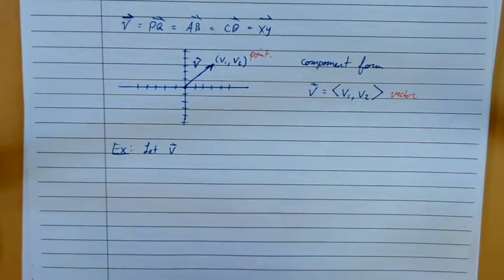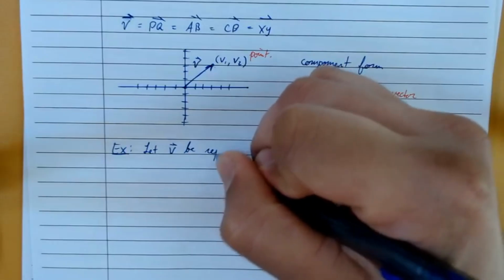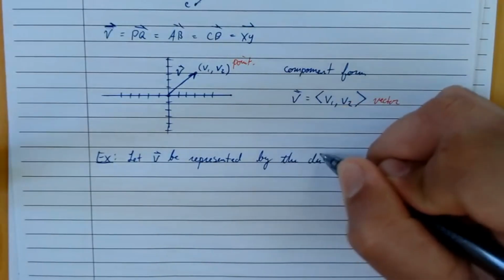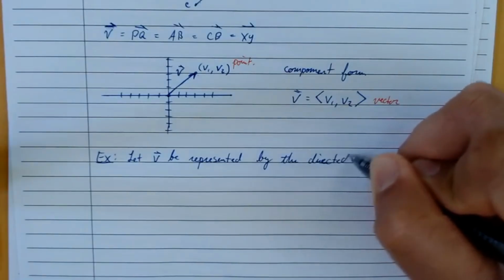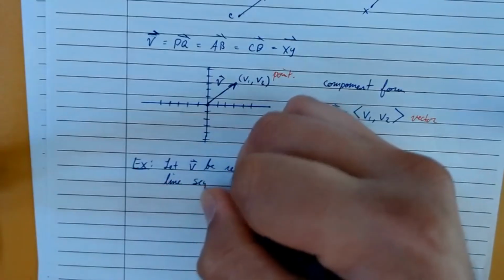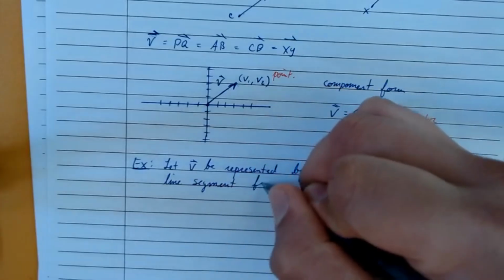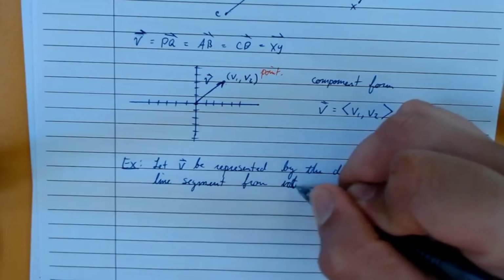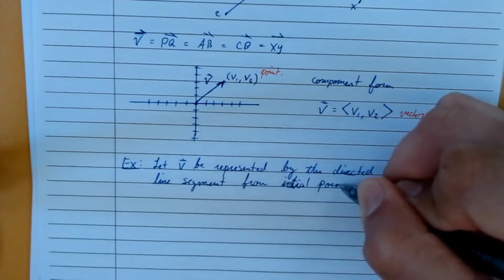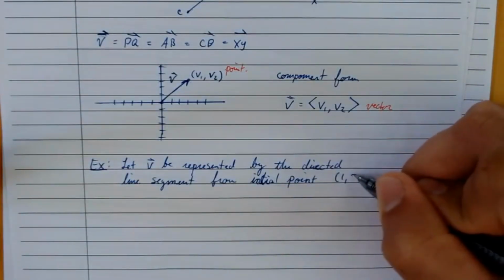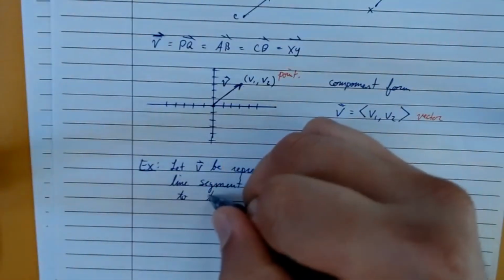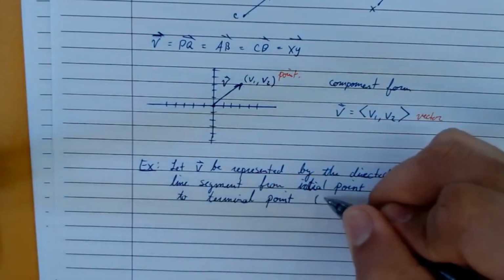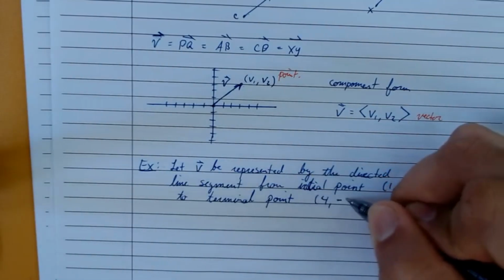Let the vector v be represented by the directed line segment from the initial point (1, 3) to the terminal point (4, -5).